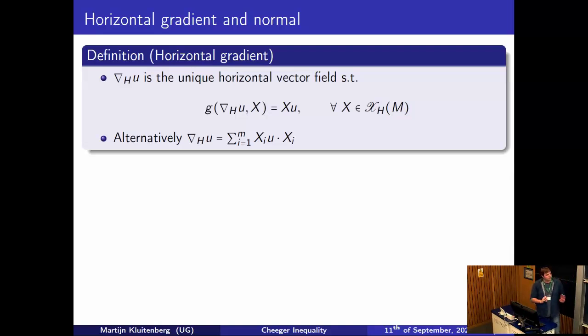In the Riemannian case, it's easy to prove because you just take xi to be an orthonormal frame. But especially if these xi's, it can be that the dimension of your distribution changes point to point. This is not something that we're assuming, but using some linear algebra, you can still prove that this holds.